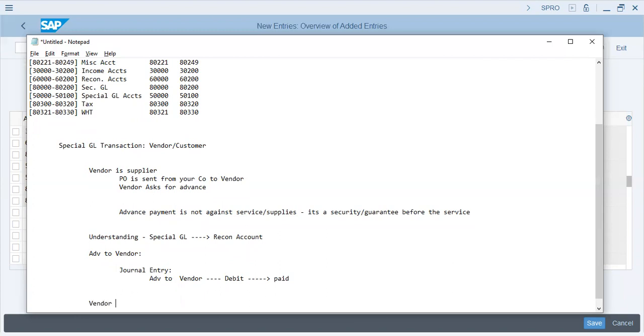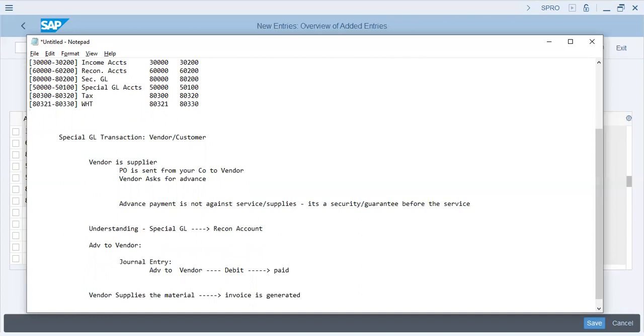When vendor supplies the material, invoice is generated. Against the invoice, GRN is recorded.